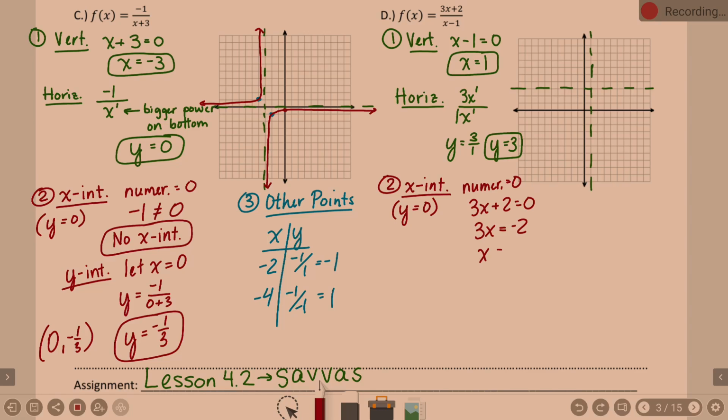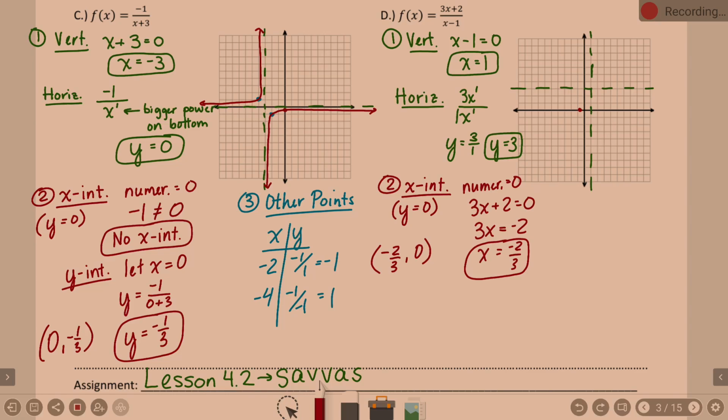Divide by 3. And I have an x-intercept of negative 2/3. If you want the ordered pair, (-2/3, 0). On the x-axis, we're going 2/3 of a box left. That one point can probably tell you everything you need to know here.